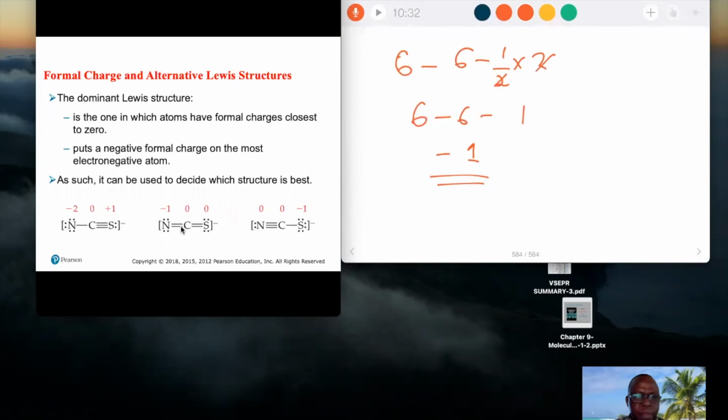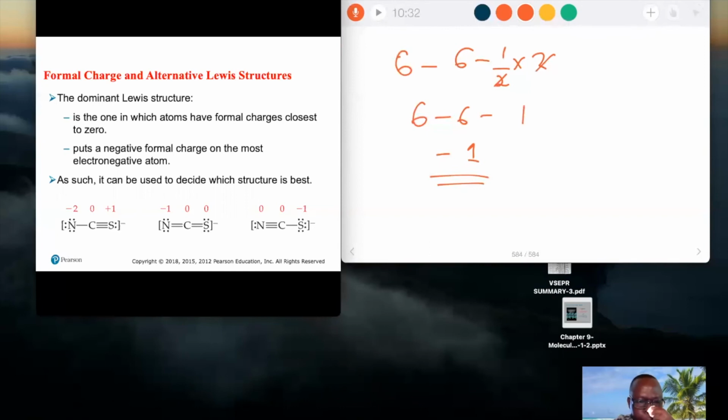For example, here, if you look at these structures right here, all of them are acceptable. We will rule out this one because of the high number of formal charges.